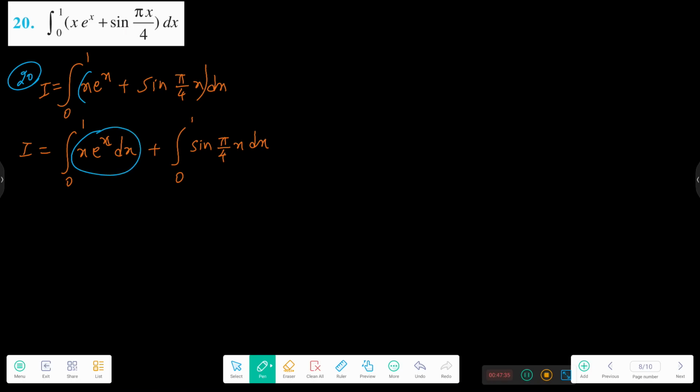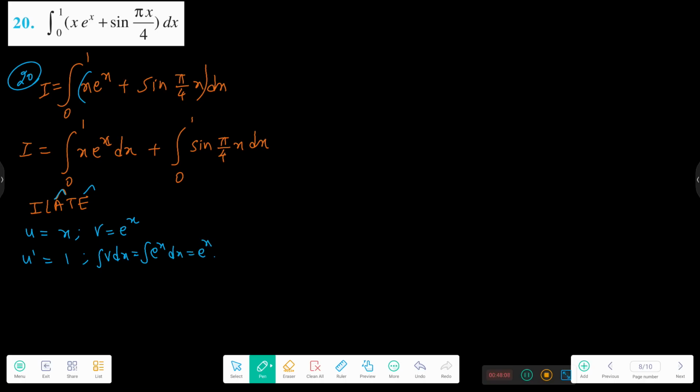This one we have to do by the UV method, using ILATE. So algebra, x is algebra, e power x is exponential. So u is equal to x and v is equal to e power x. u dash is equal to 1, integral v dx, integral e power x into dx, is equal to e power x.